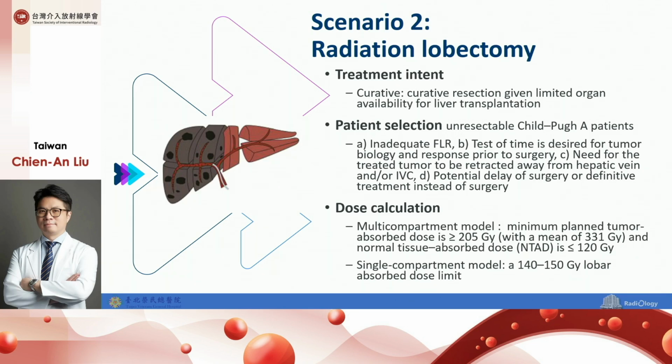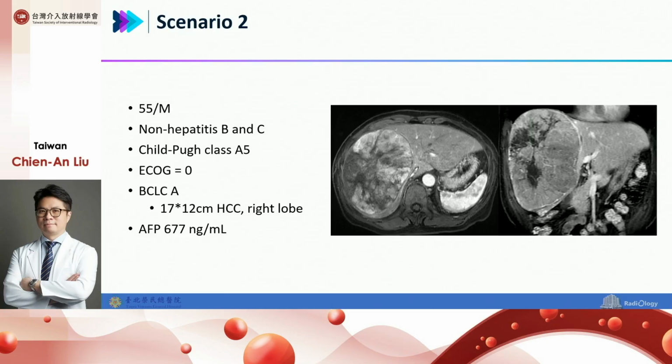The recommended tumor dose based on the multi-compartment model is more than 205 gray. At the same time, you should keep the normal liver dose less than 120. If you use a single compartment model, 140 to 150 gray lobe absorbed dose is the limit.